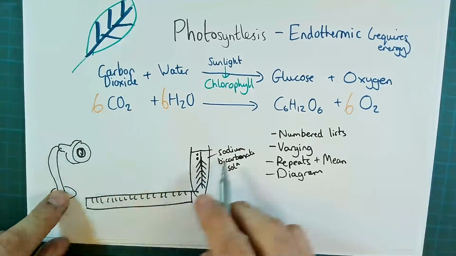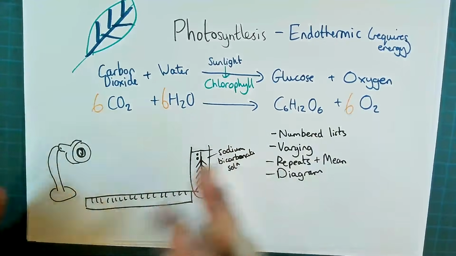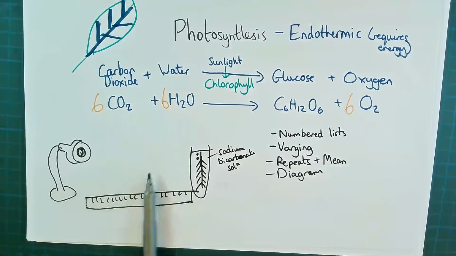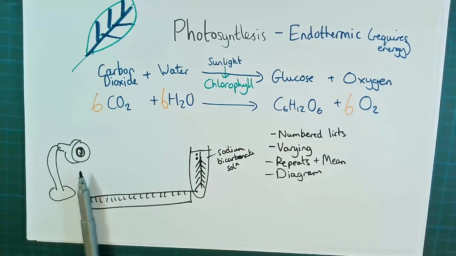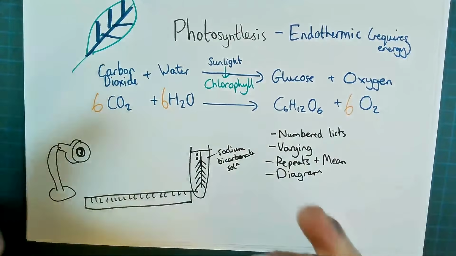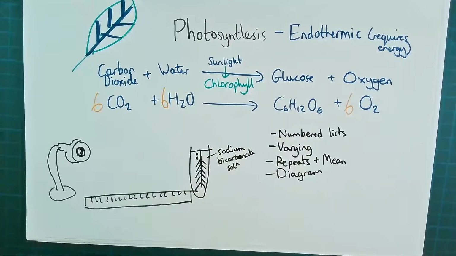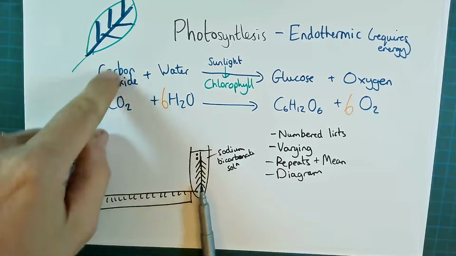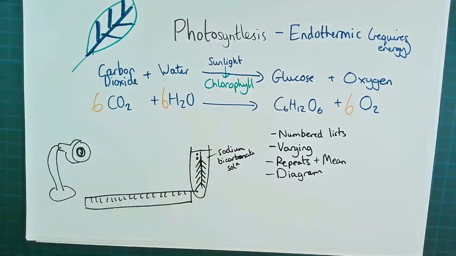And they vary, so you can do variations of this experiment. You could change the light intensity by putting the plant at different distances. I could look at the color of light. I could change what the bulb is. I could change the concentration of the sodium bicarbonate, so they're looking at how carbon dioxide affects it.